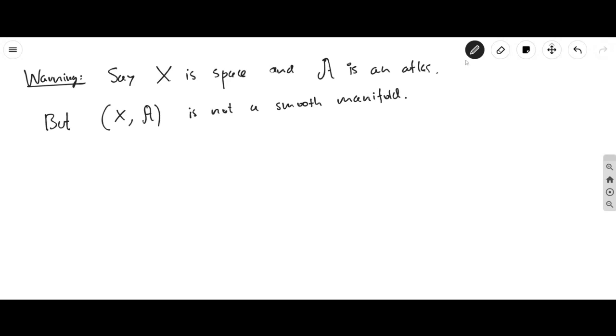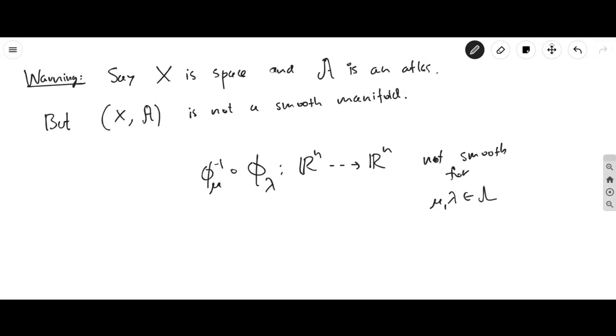In other words, the atlas that you're using for the charts does not satisfy the smoothness condition. So what's the smoothness condition? It just means that if you pick a chart and then you pick the inverse of another chart and you have this mapping, this is not smooth for some choice of indices, say u and lambda, in your indexing set. If this happens, then this pair is not a smooth manifold.